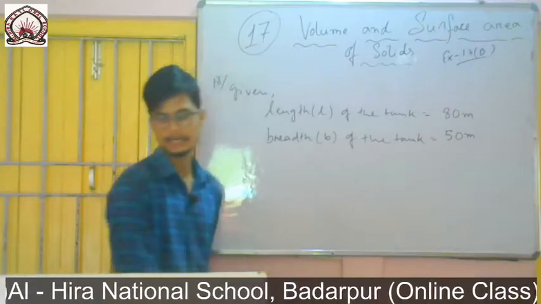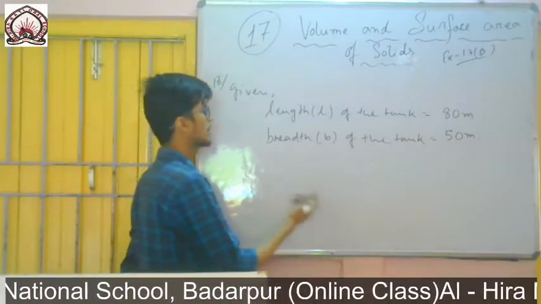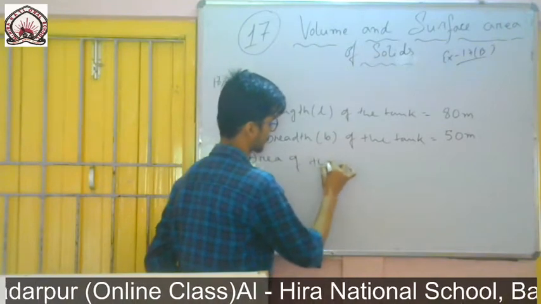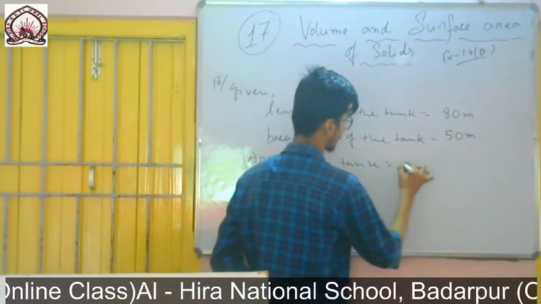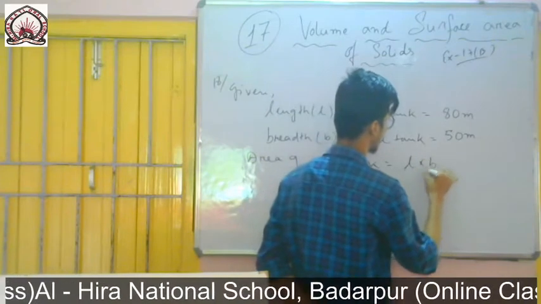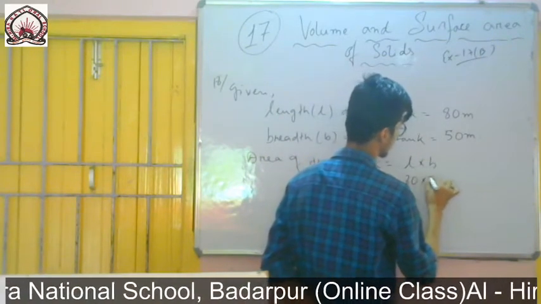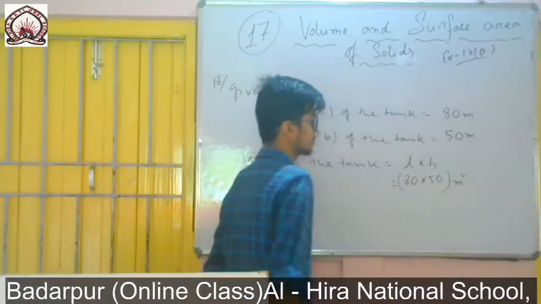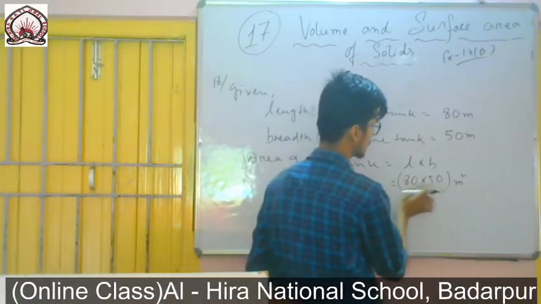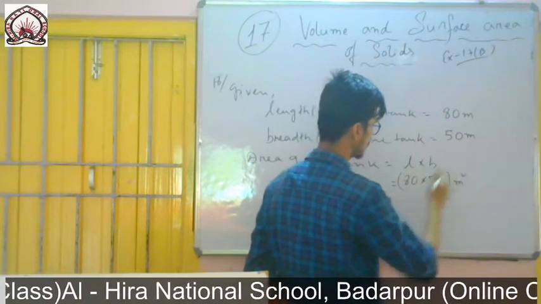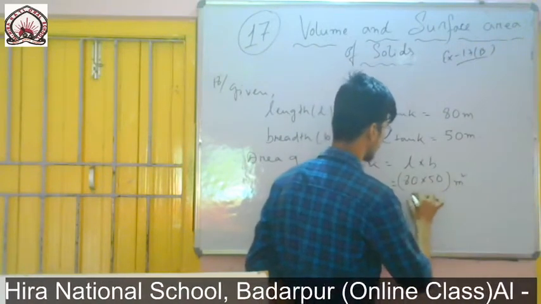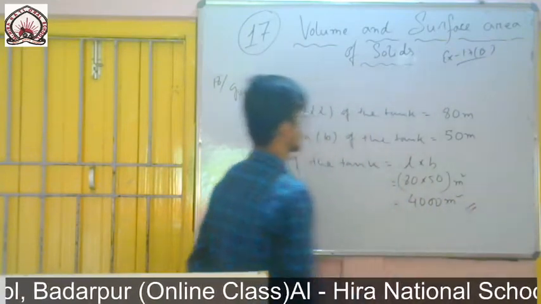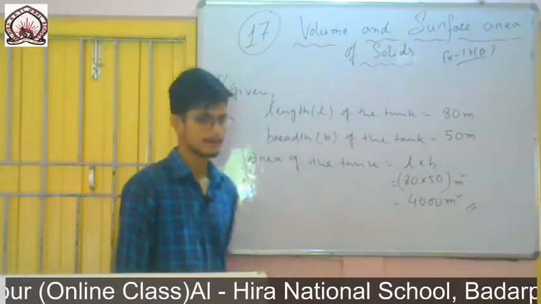So now I will find the area. Area is equal to length into breadth. Therefore area of the tank is equal to 80 into 50. Unit will be meter square, since it is meter into meter. 8 5s are 40, then 20. So this is the area of the tank.